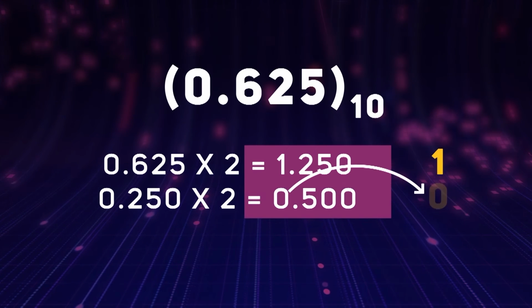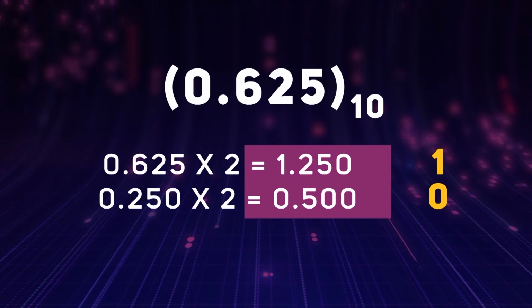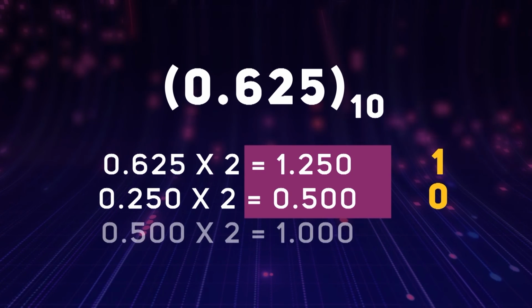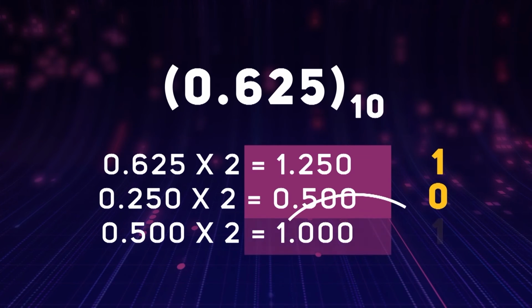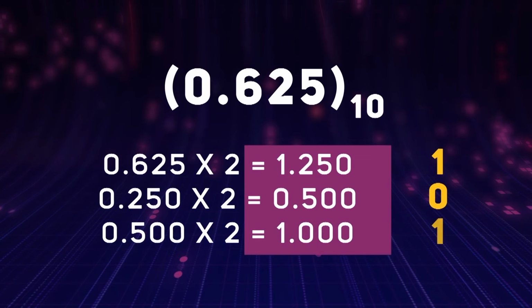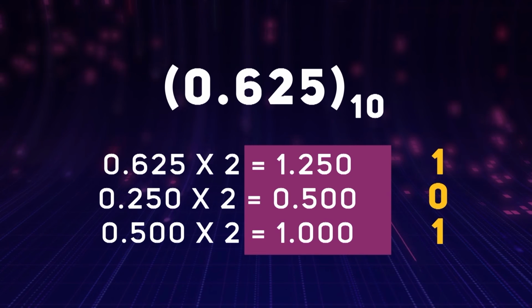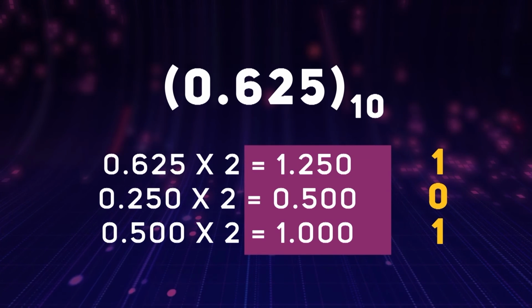Here the integer part is 0 which we store and the fractional part is 0.500. Again multiply it by 2, we get 1.0. Here the integer part is 1 which is stored again and the fractional part is 0. So, we stop. We have to stop when 0 is encountered in the fractional part.